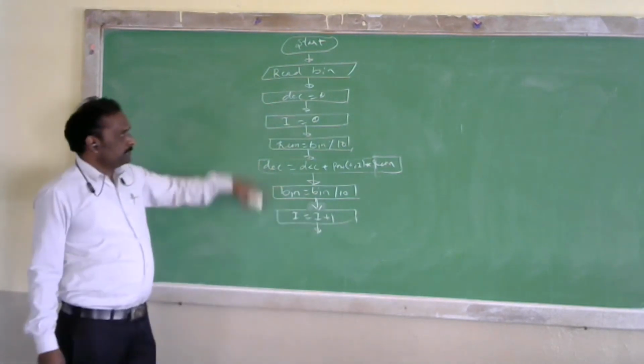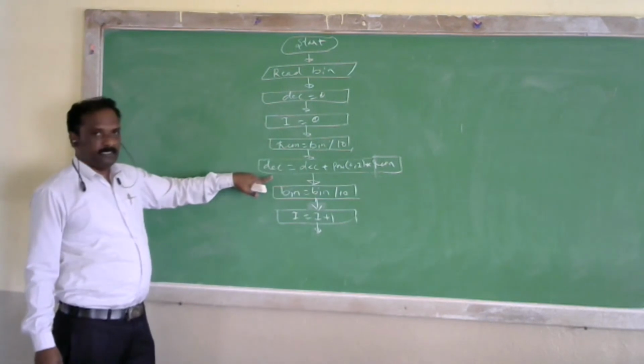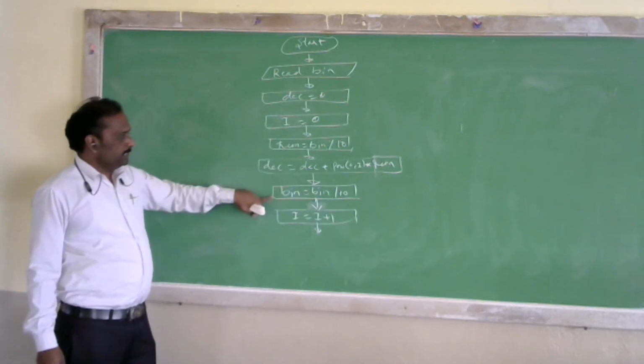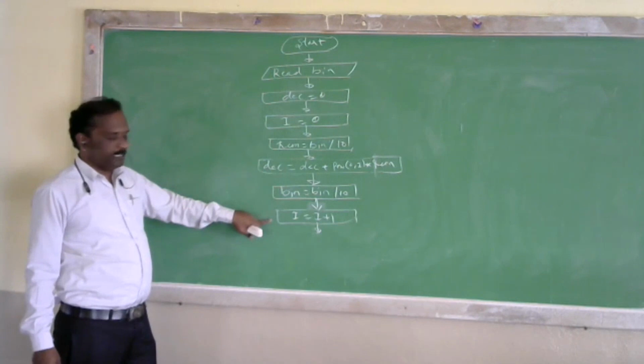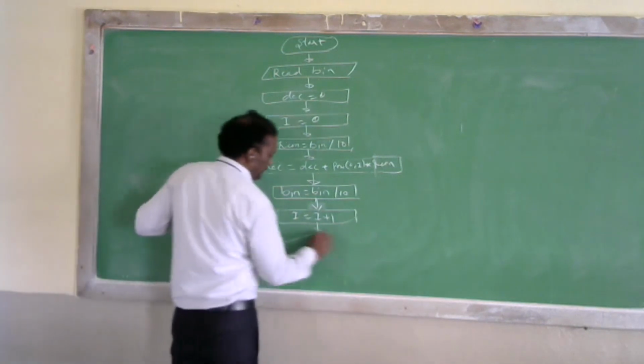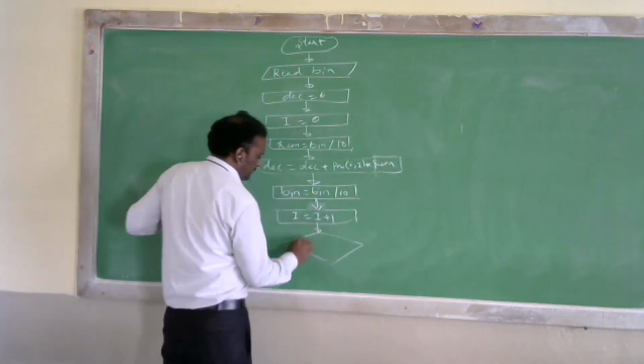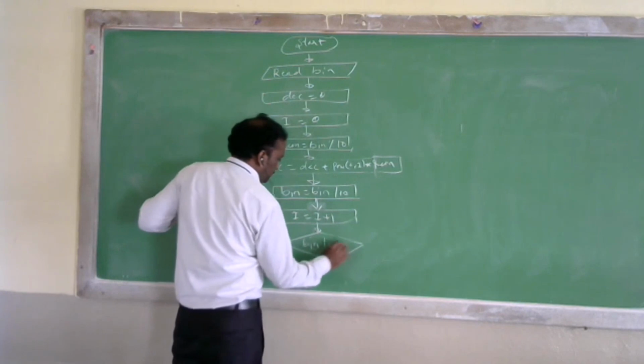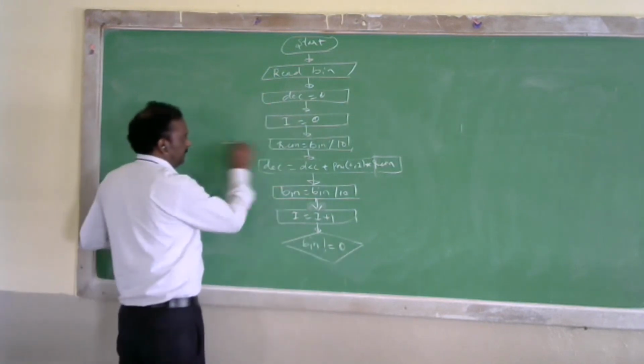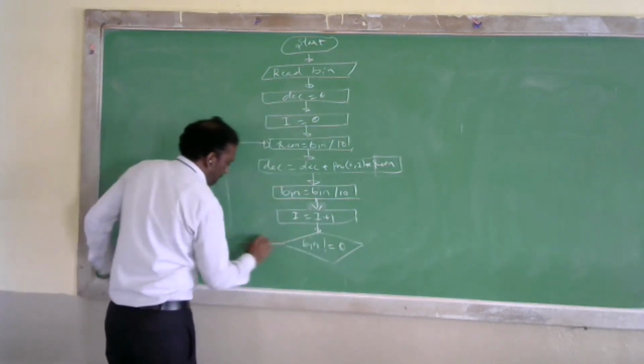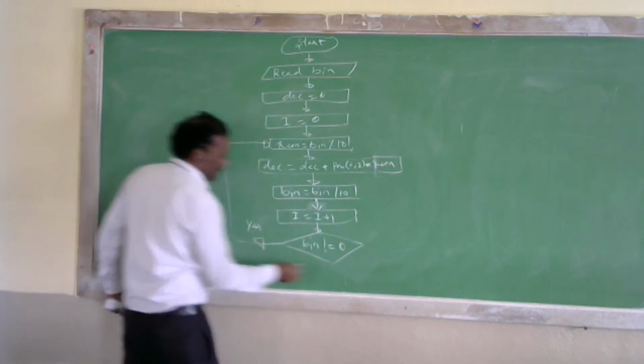Now we have to repeat this process. Find the remainder, and I is equal to I plus 1, until binary is not equal to 0. If binary is not equal to 0, then find the remainder again. Yes.